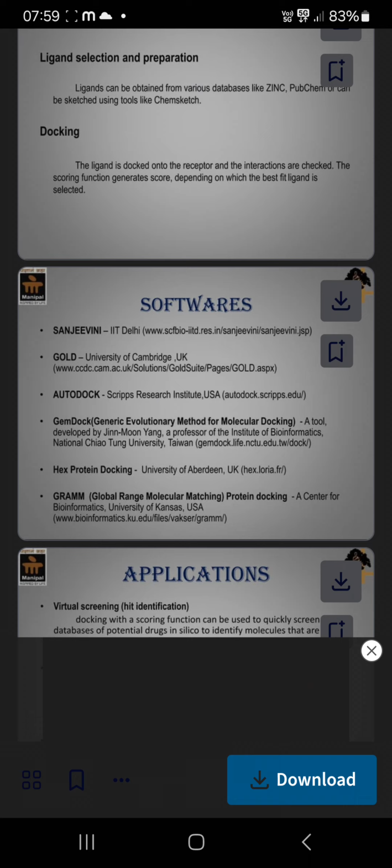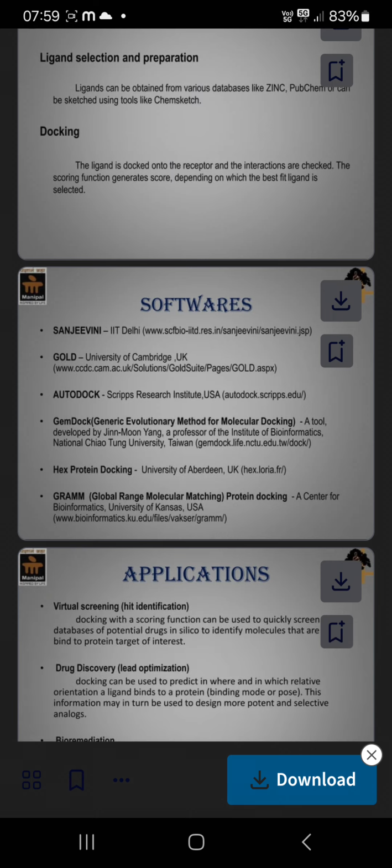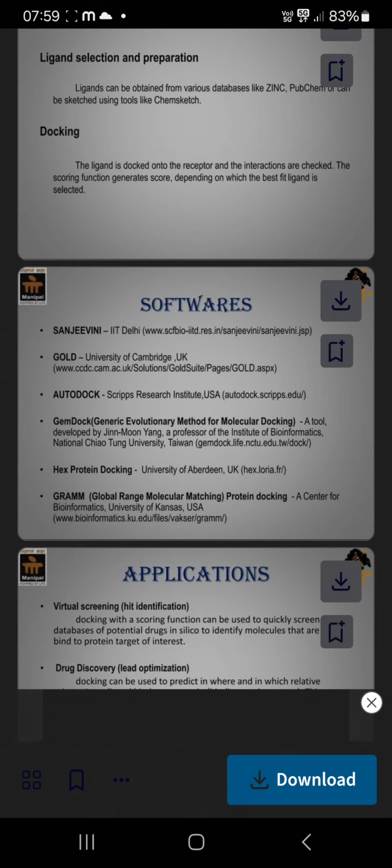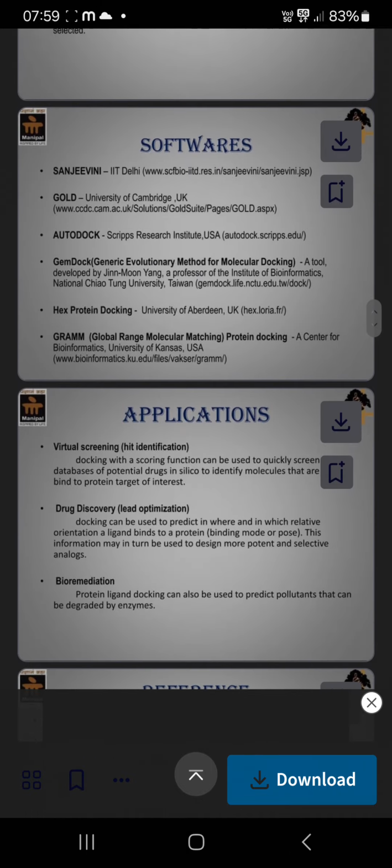AutoDock, Scripps Research Institute, USA. JMDock, HEX protein docking, University of. So you can visit all these websites. You will find GRAMM, global range molecular matching. That is protein docking.